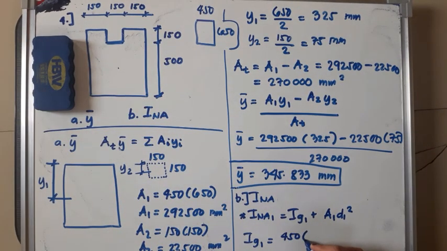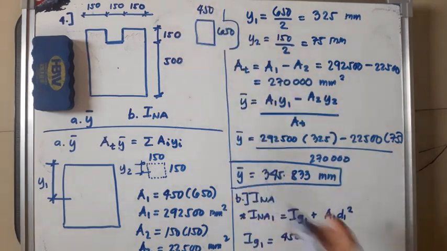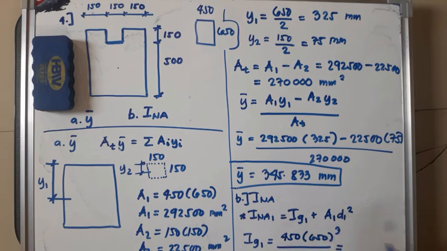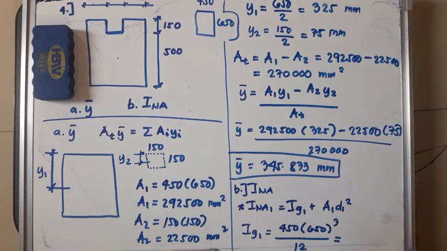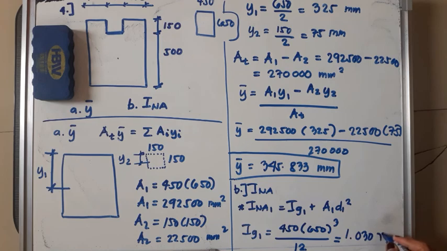The height is 650 raised to 3, over 12. So this is equal to 1.030 times 10 raised to 10.